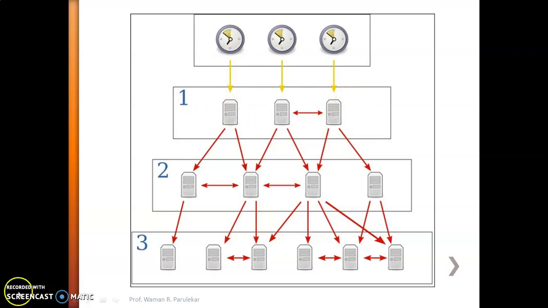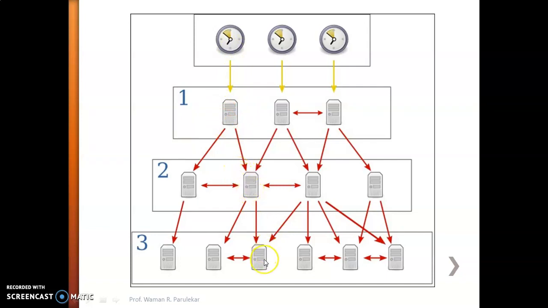So in NTP, if a computer from the tertiary level wants to synchronize its clock, there is no need to synchronize directly with the primary server. It will synchronize its clock with the secondary server, and we know that the secondary server is already connected to the primary server, and the primary server is connected to a UTC time source. So whatever time the secondary server gets is the perfect time, UTC time.